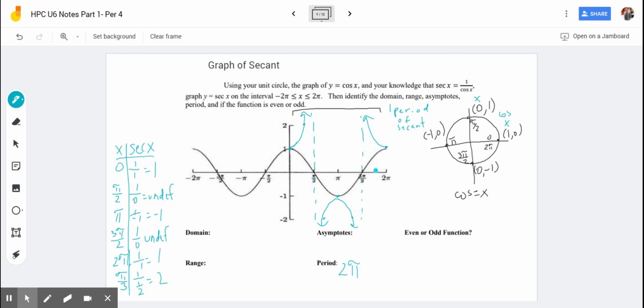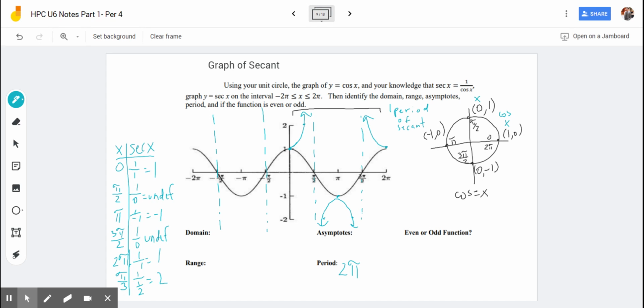This is upward facing between pi over 2 to 3 pi over 2, so it becomes downward facing, and so on and so forth. So we're going to just map out the other parts here. Here's your asymptotes. I'm just going to erase really quick. Okay, so we have our asymptotes there.